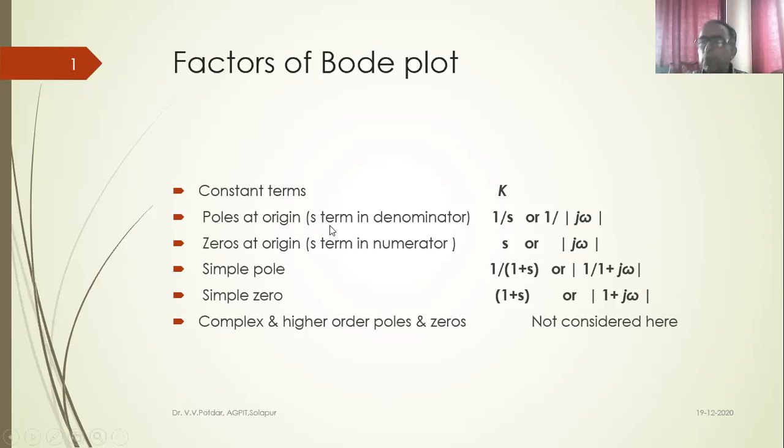What do you mean by poles and zeros? We already identified: the denominator values of the factors correspond to poles of the transfer function, and numerator values of that transfer function correspond to zeros of that transfer function. And we also remember that those are called zeros because by putting the values of those parameters, the entire transfer function becomes zero, so they are called zeros of that transfer function or zeros of that system.